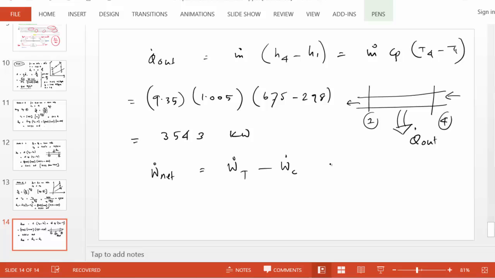If we substitute the two, 6558 minus 2895 approximately, that is equal to 3663. I think one of the questions is to find the net power output, so this is part of the answer for part B.